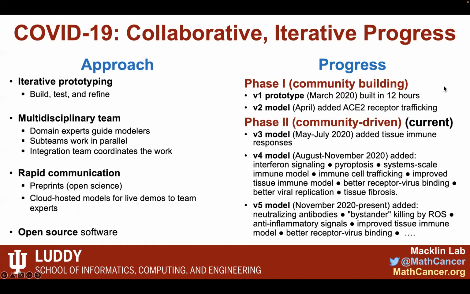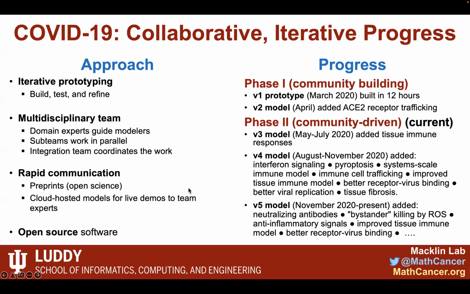And so really, we started off from an overnight prototype in March of 2020, then started recruiting in the community, and then gradually stepped back from our role of being implementers of the models to being really more of the support team and the integrative team, and different subgroups developed the key components of the model, and then we helped to make sure that they were all compatible.